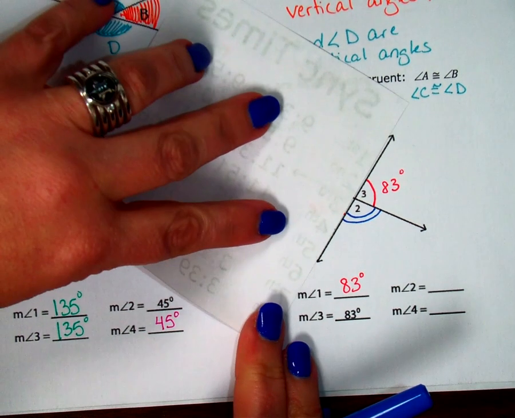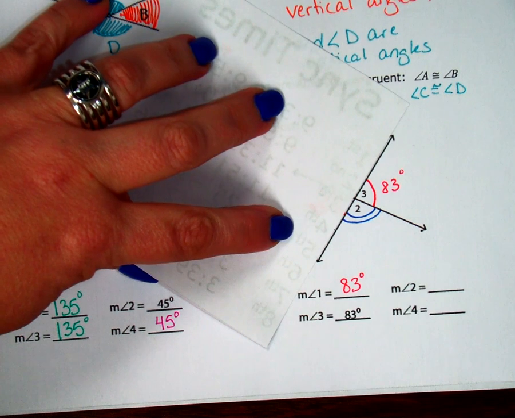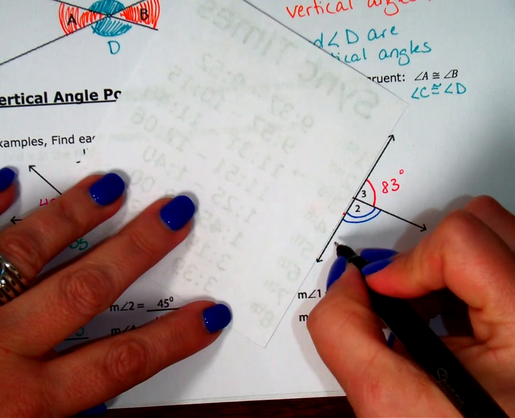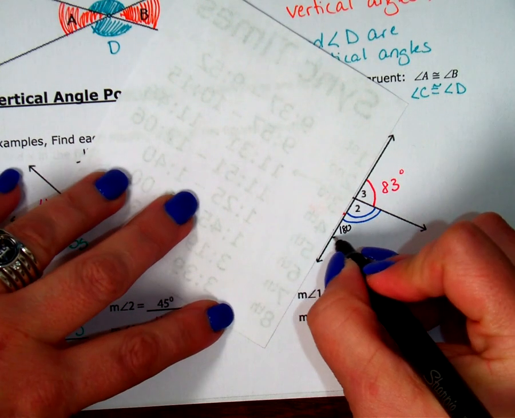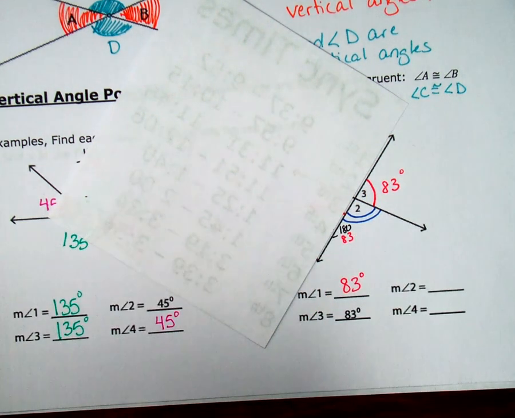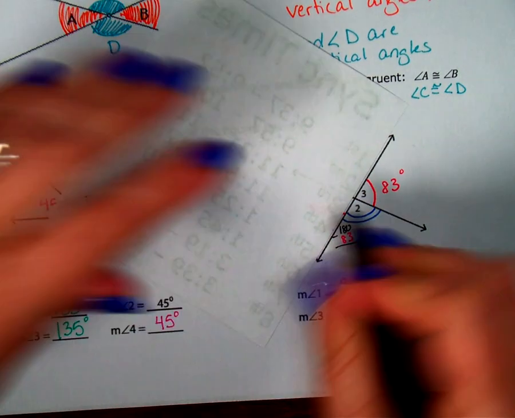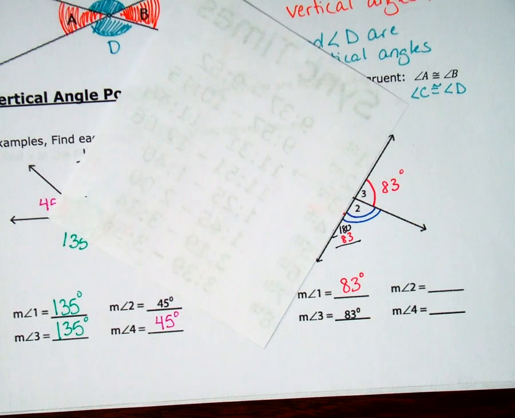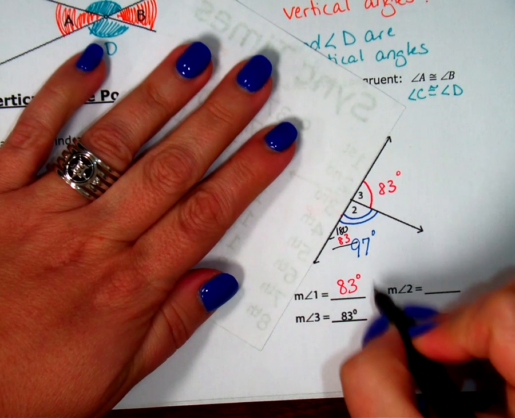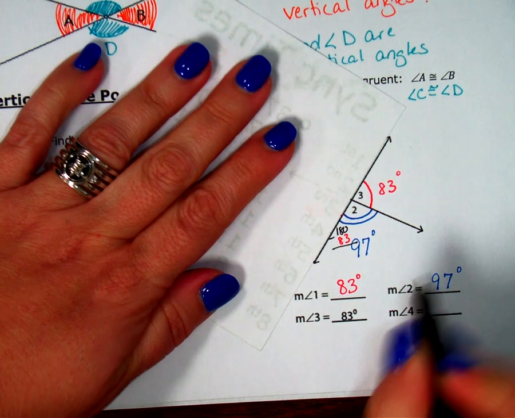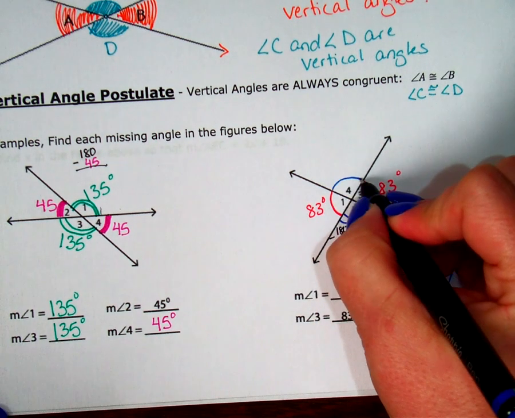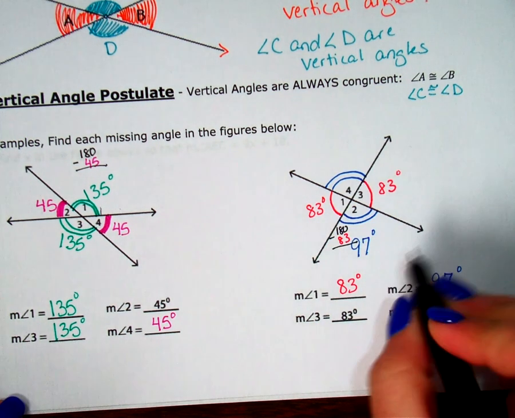If I cover up part of this picture, angle 2 and angle 3 make a line, so together they make 180 degrees. So I do 180 minus that 83 degrees from angle 3, and that gives me how big angle 2 is. 180 minus 83 is 97 degrees. So angle 2 is 97 degrees, which means also that angle 4 is 97 degrees.